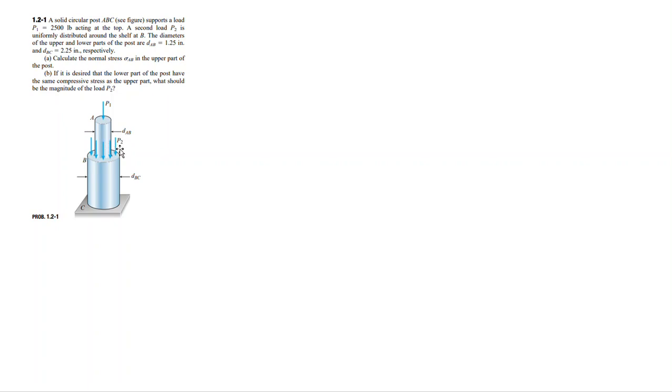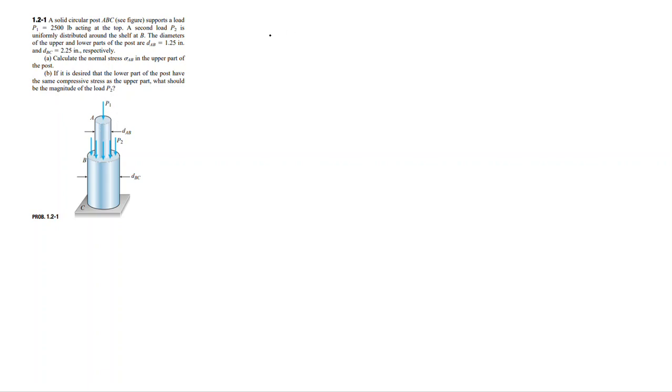So we want to find the value of P2 such that the normal stress in this part that has the largest area is similar to the normal stress that we have in the upper part.